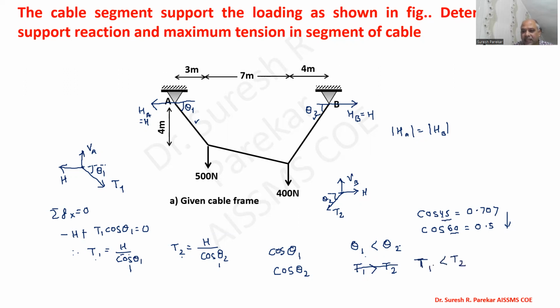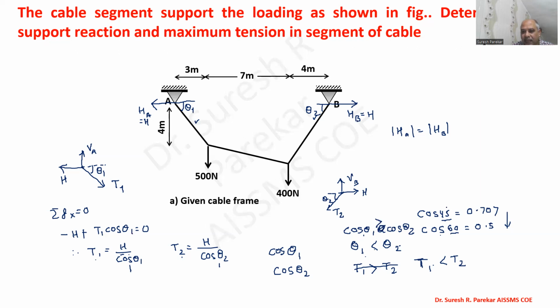Because if theta 1 is less, then we have cos 45 is less than cos 60. So here I can say cos theta 1 is greater than cos theta 2.